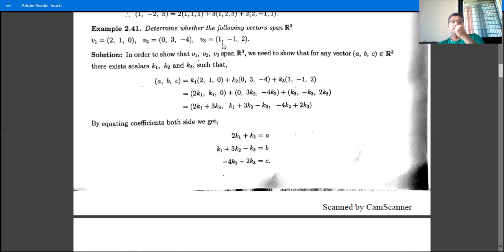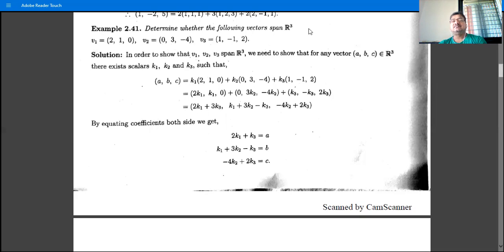So take any vector (a, b, c) belonging to R3, an arbitrary vector, and try to express this vector as a linear combination of V1, V2, V3. If this vector is expressed as a linear combination of V1, V2, V3, then every vector of R3 is expressed as a linear combination of these 3 vectors, and then we say that V1, V2, V3 span R3.